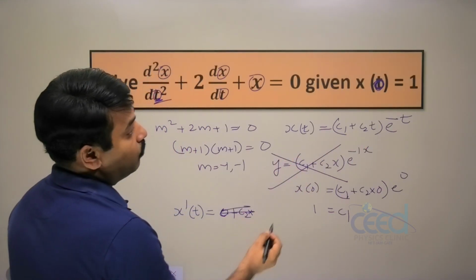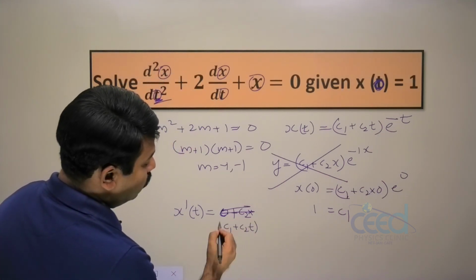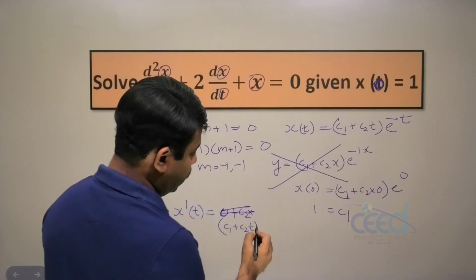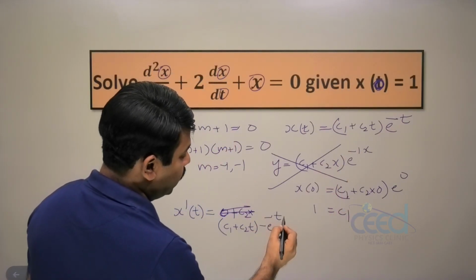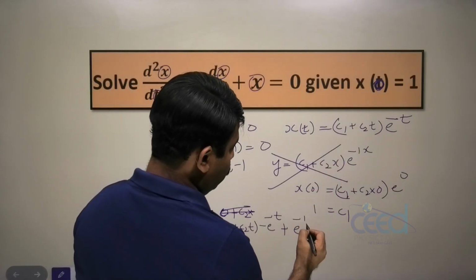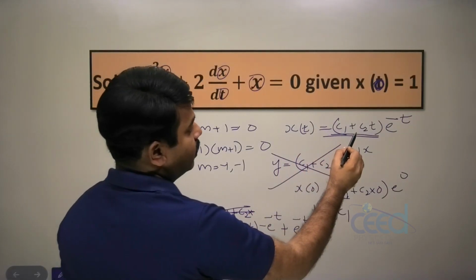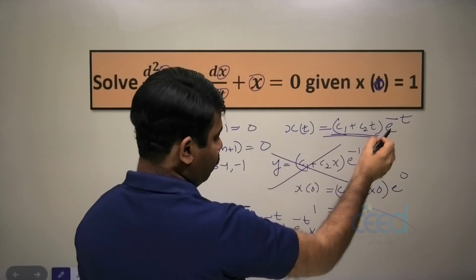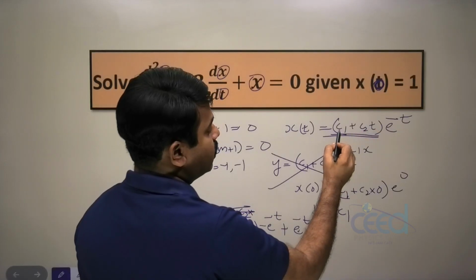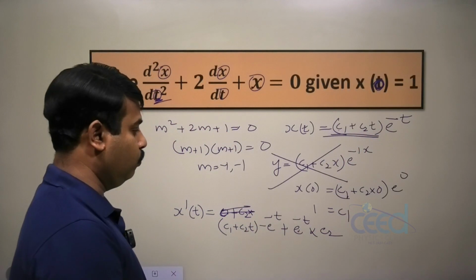First function, c1 plus c2t, into e raised to minus t on differentiating gives minus e raised to minus t, plus e raised to minus t into the derivative of the second function. Say I take this as the first function and this as the second function. Now keeping the second function and differentiating the first, this is 0, this is 1, then here c2 only, c2 into 1.